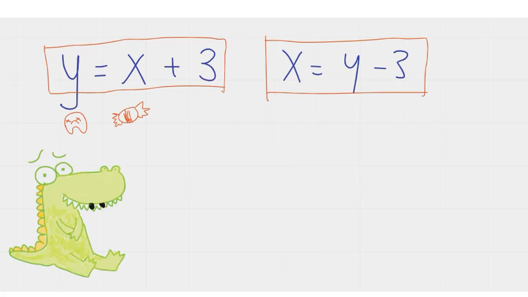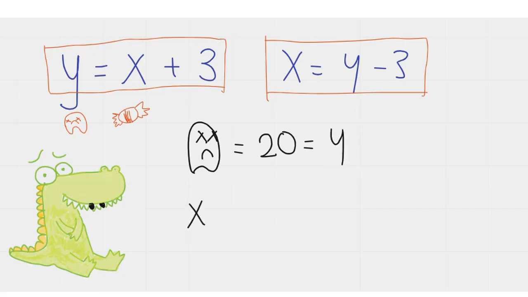Okay, let's try a different example. This time Alvin's dentist wants to know how many lollies he'll have to eat if he has 20 rotten teeth. So here we can use the second equation, and y is equal to 20.